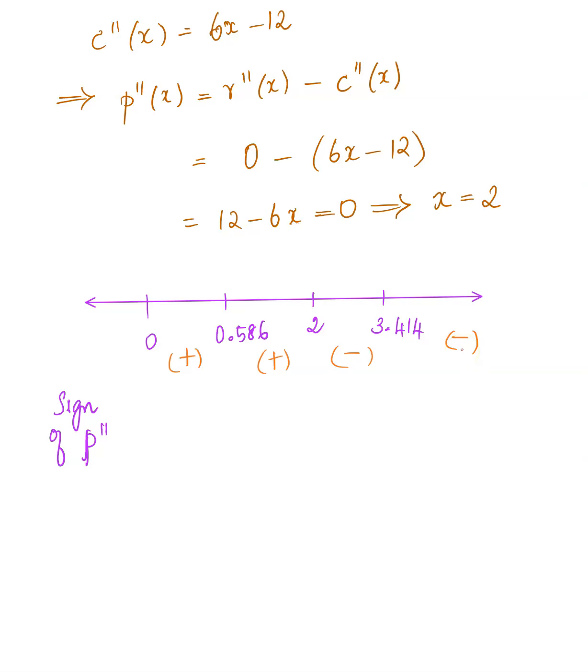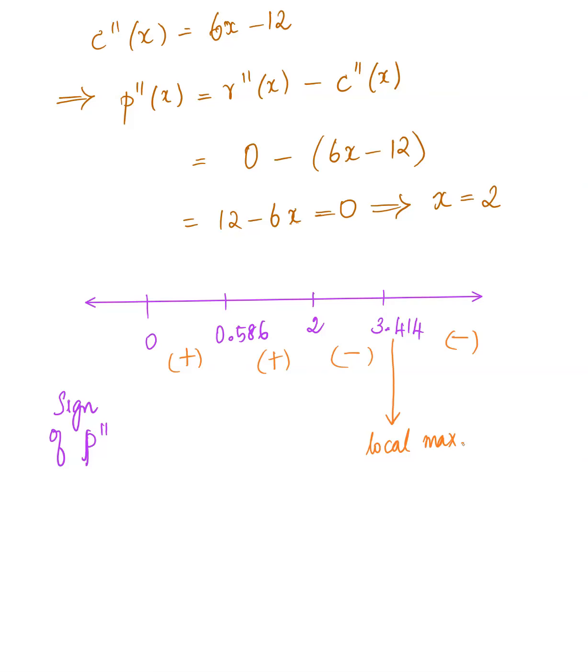So what we know from these tests is that when the second derivative is negative, that's where you have a local max, and we want to focus on maximum profit. Therefore we will use the one where the second derivative is negative. So this is negative, and this is negative in these intervals. At this point particularly, we have a local max.